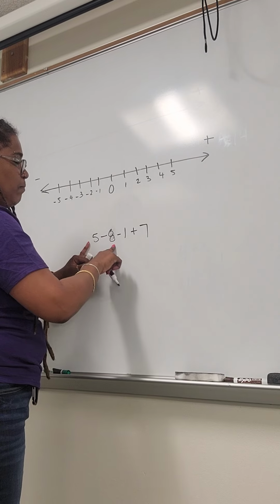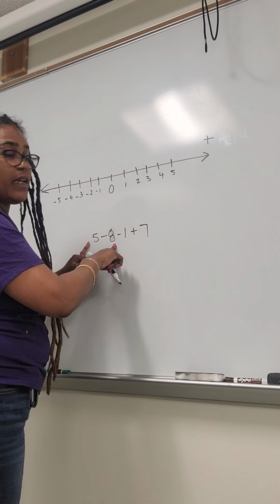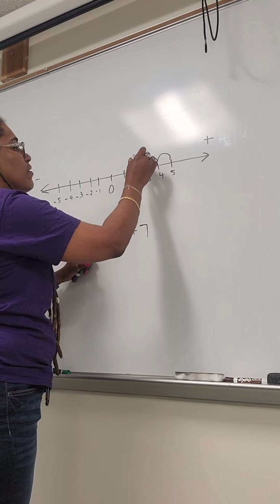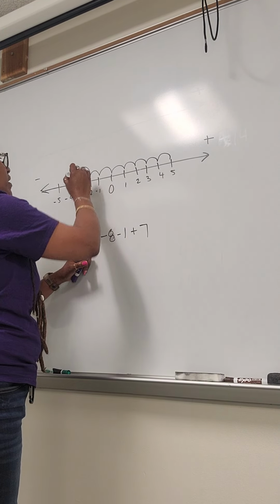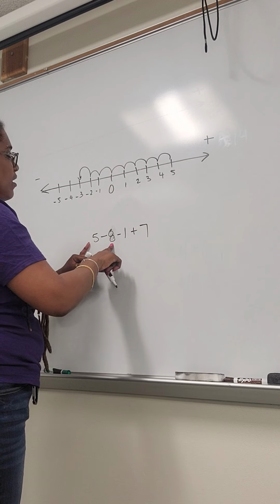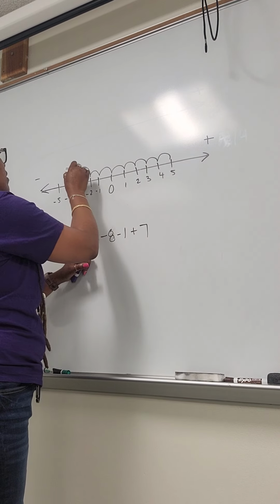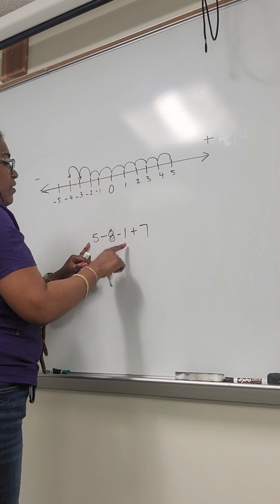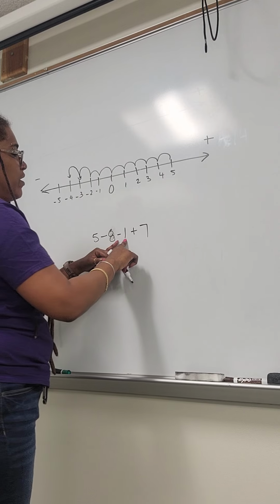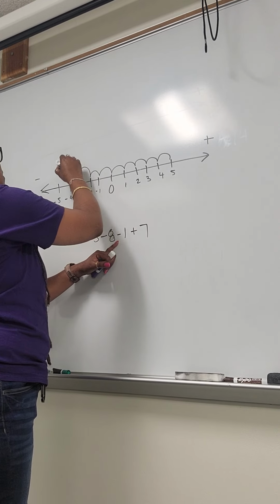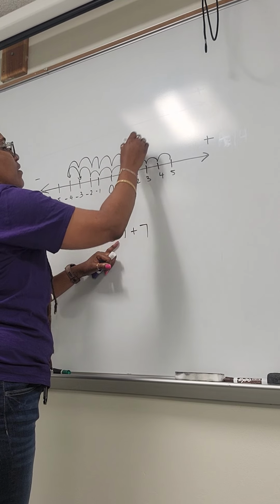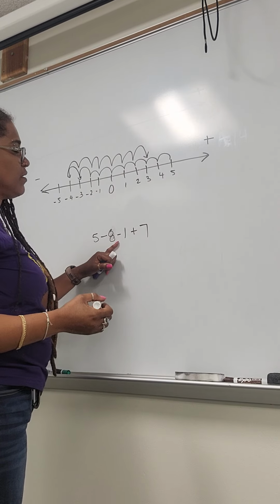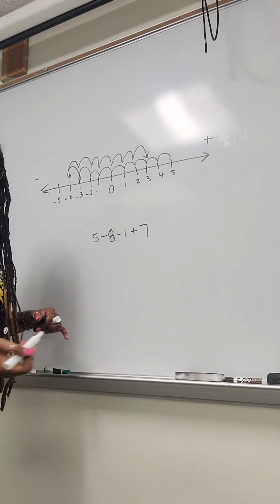And minus 8 means that we go left 8. 1, 2, 3, 4, 5, 6, 7, 8. Putting us at -3. And then we go left 1 more, putting us at -4. And then we go right 7. 1, 2, 3, 4, 5, 6, 7. Putting us at +3. Right?